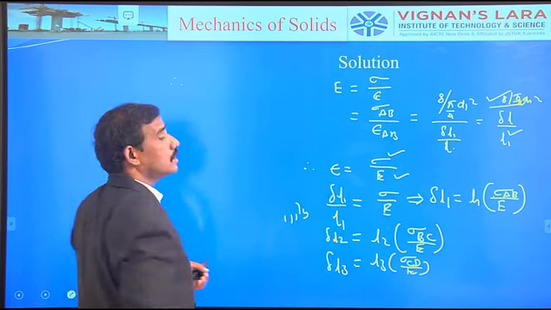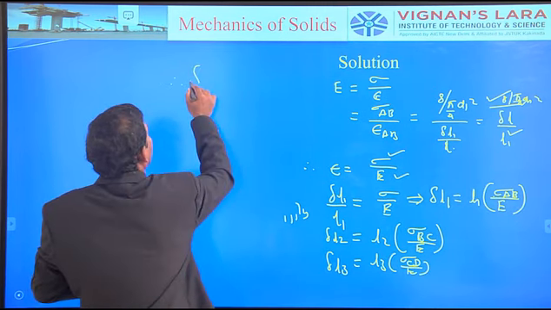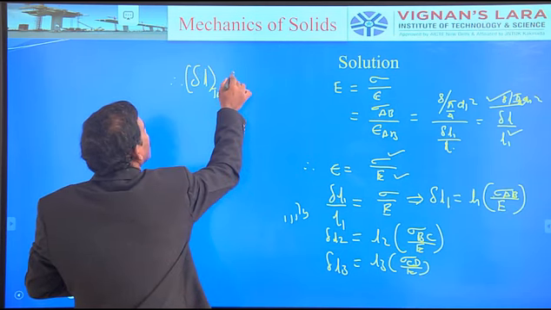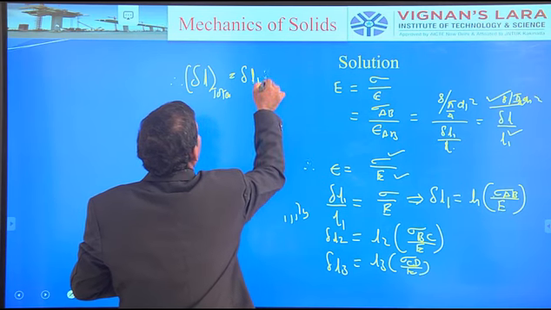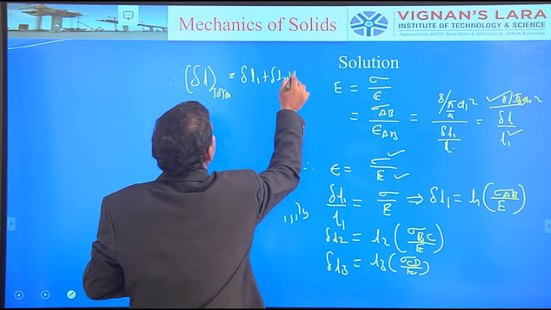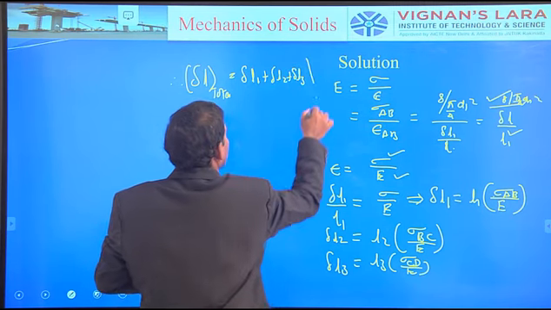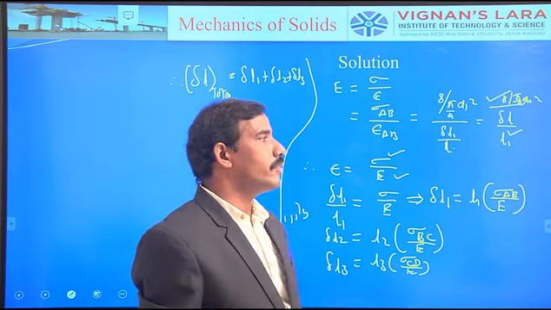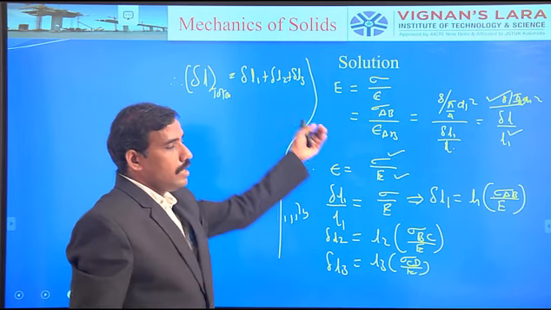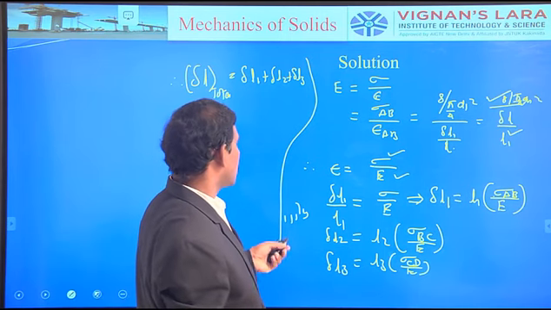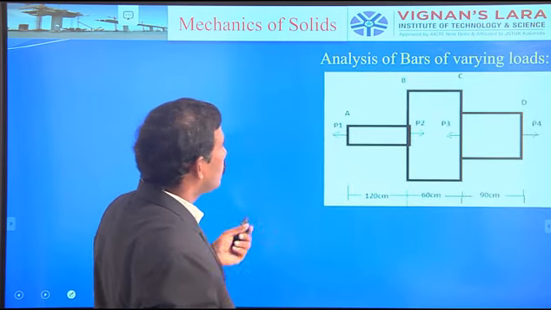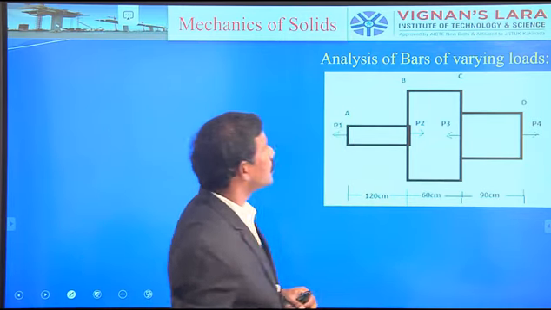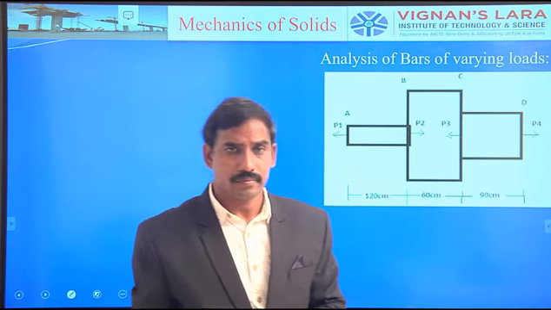Finally, the total elongation is delta L total equal to delta L1 plus delta L2 plus delta L3. This is the procedure to solve the problem of various cross-sections subject to a force system acting on the body. Let us go for the next concept, that is analysis of bars of varying loads.